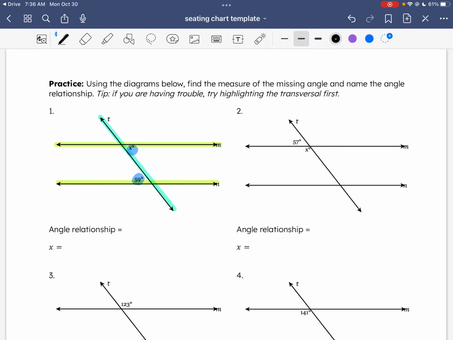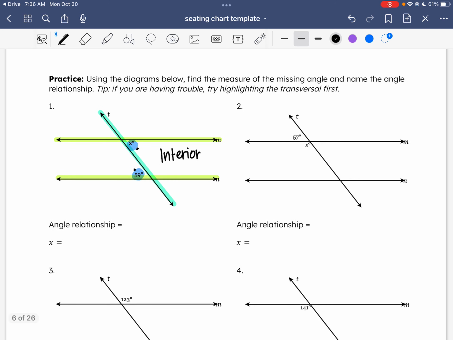So these two angles are inside the parallel lines, so that means that they are interior. And they are on opposite sides of the transversal, so they are alternate.